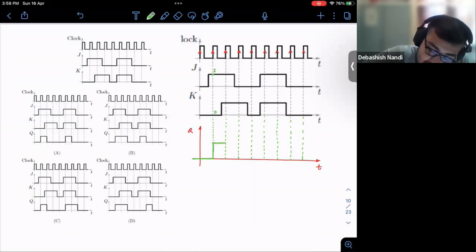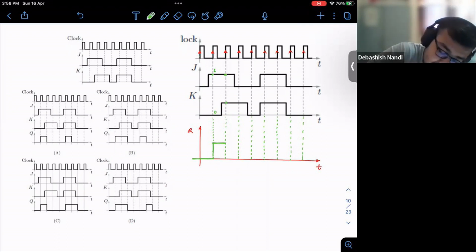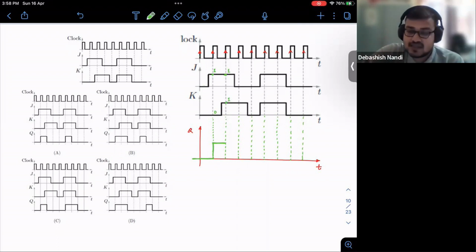Fine. And at this next positive edge, what do I see? I see what is the input combination. My input combination is here 1 1. That means it is a toggling case. Remember, if it is a toggling case, then my output will be just flipped from the previous state.